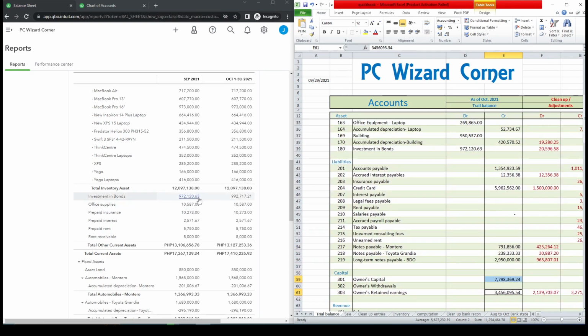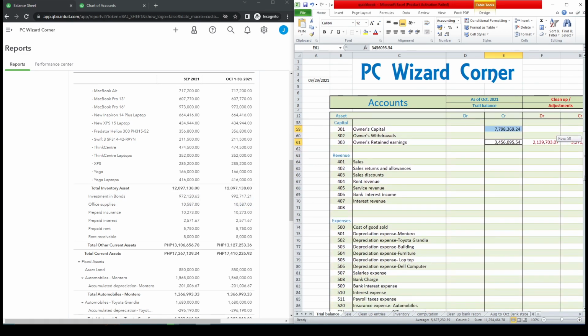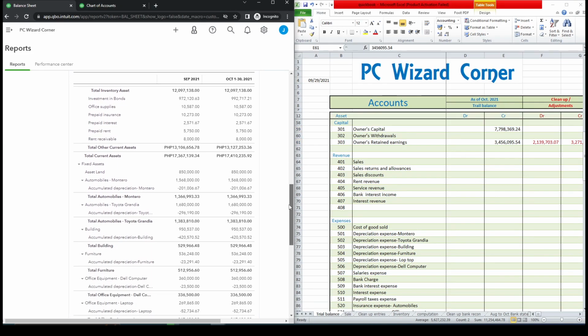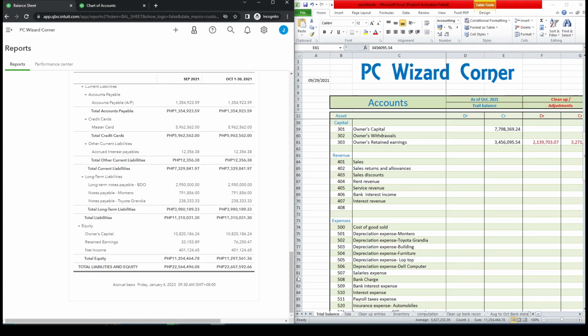The investment in bond is now equal. And the total of the equity account here in QuickBooks is 11,254,000, which is equal to the trial balance.